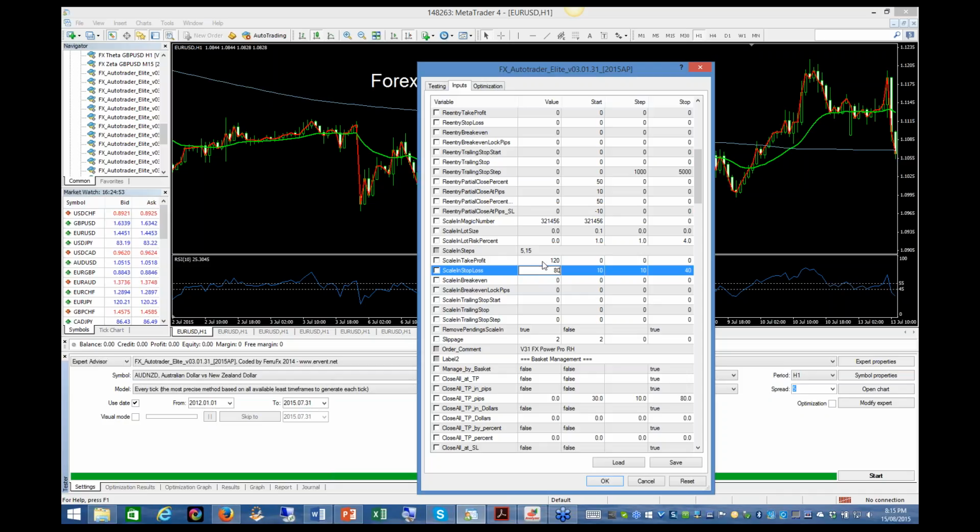And again, that's all we do for our scale-in. Scale-ins aren't always triggered, because the trade can reverse as soon as it's been entered, and so we generally want to remove the scale-ins that are left behind, and so we set that to true. But again, that's just a simple adjustment and something we can test for and then use in our trading.